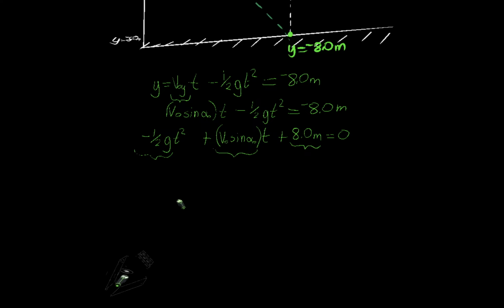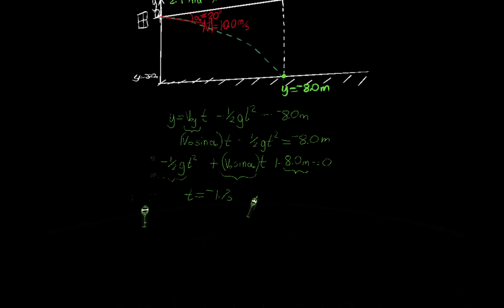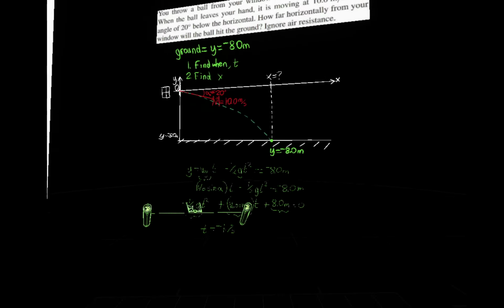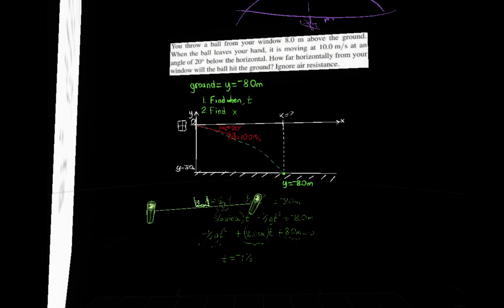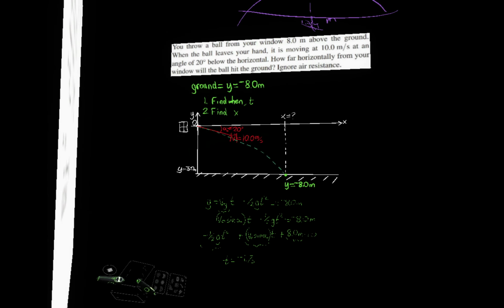So one of the values for t is negative 1.7 seconds. What does that correspond to? Negative 1.7 seconds, so that's before it left the window. Well, when you're computing this, mathematically it's talking about this whole arc, just like before we got 2 values.